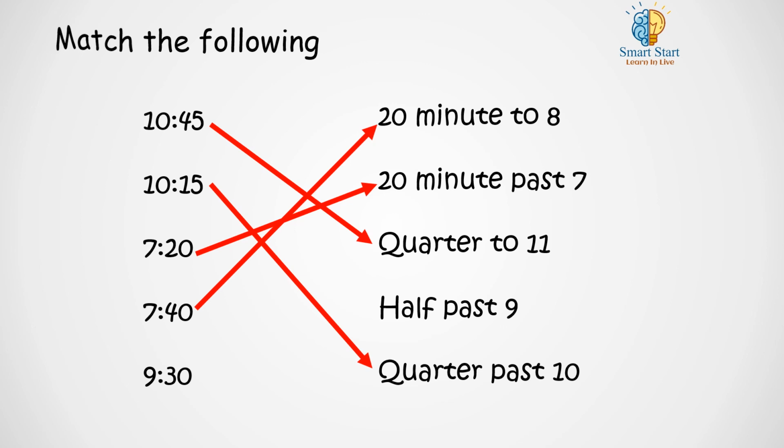Last is 9:30. That is, the hour hand is on 9 and the minute hand is on 6. It means 30 minutes completed after 9. That is, the minute hand is on the half of the clock. That is half past 9.